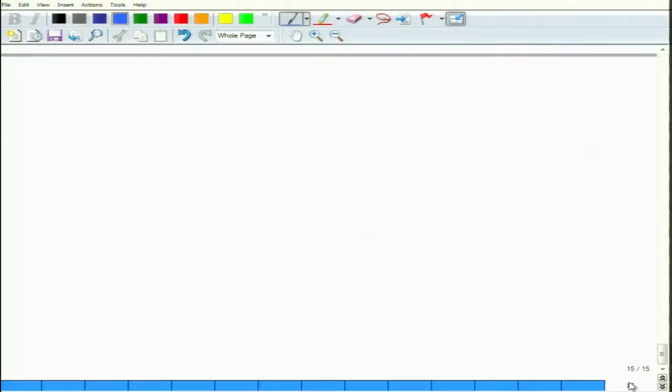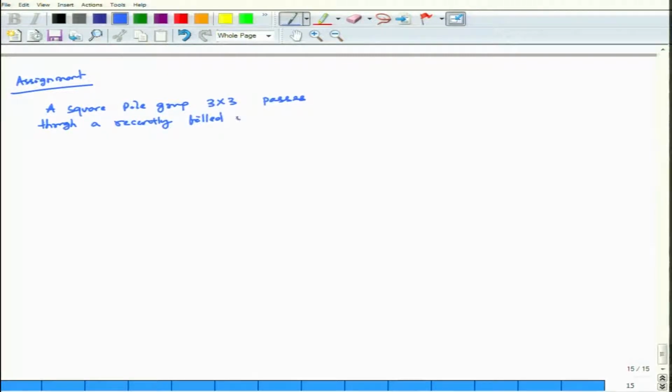This is an assignment example. You can try at home, there is nothing big. A square pile group, three by 3, passes through recently filled up soil.